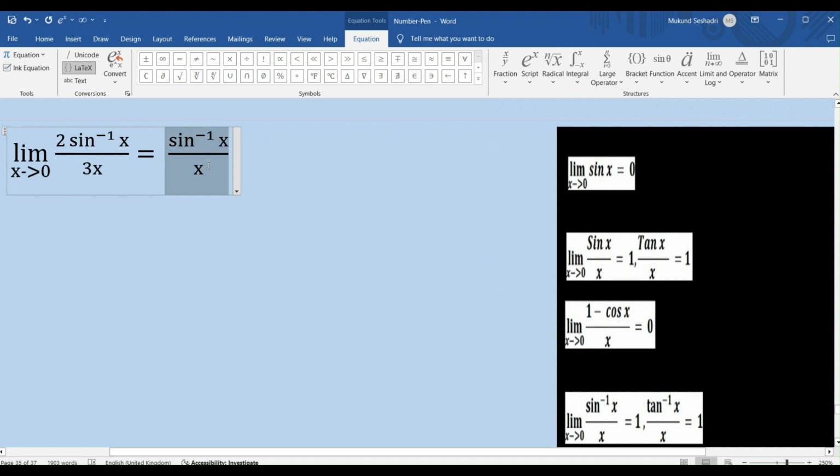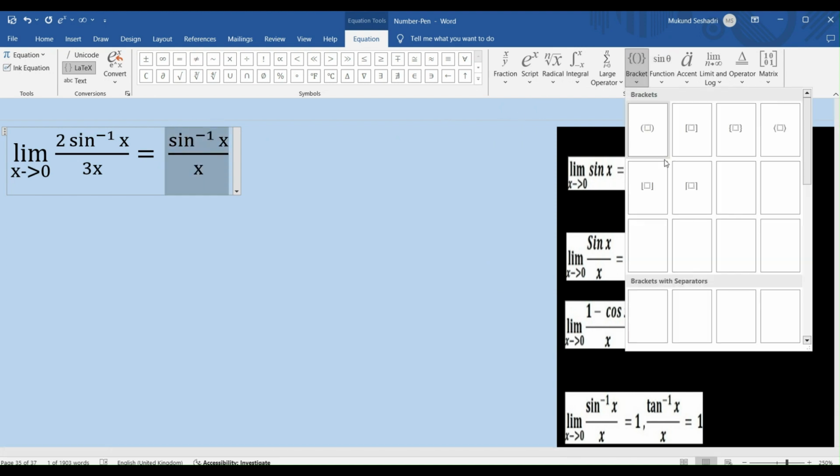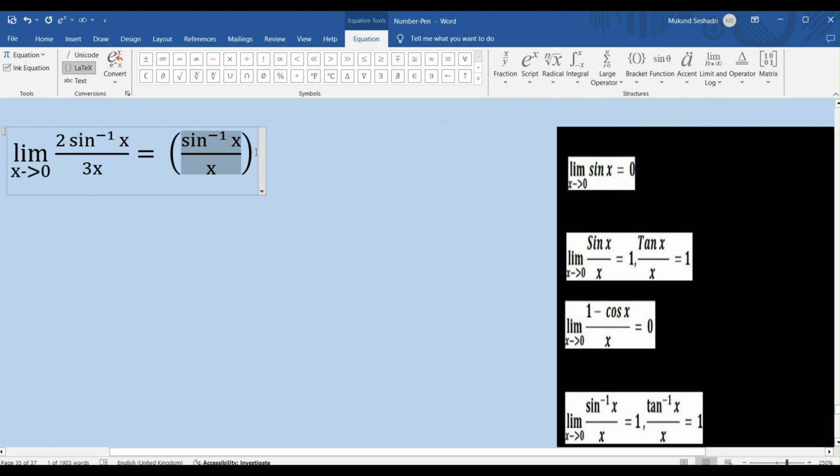I'm going to combine this, and the way you write it is this into 2 by 3, right? Which means this equals 1 into your 2 by 3, which is nothing but 2 by 3.